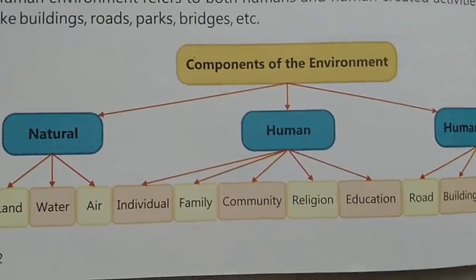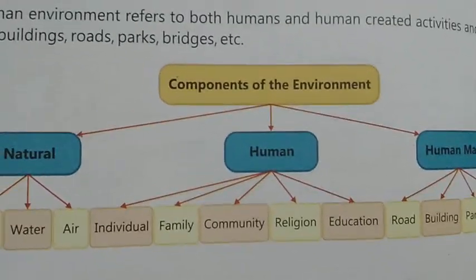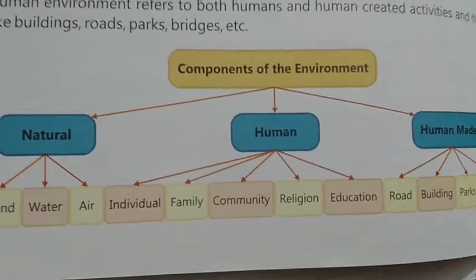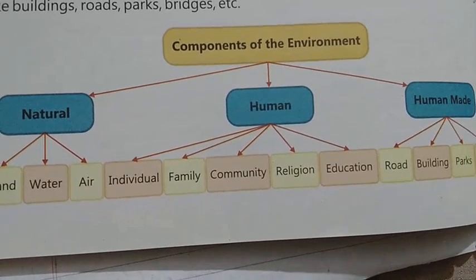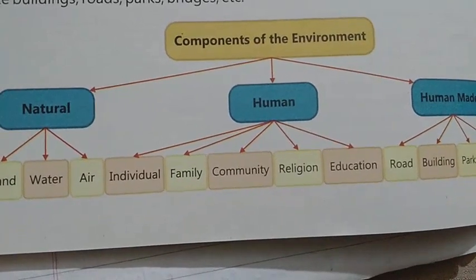That is hydrosphere, which is water, lithosphere, that is land and soil, and the atmosphere, air. These are the main abiotic components. And the environment is a combination of natural and human-made phenomena.